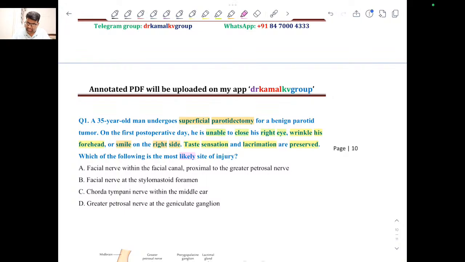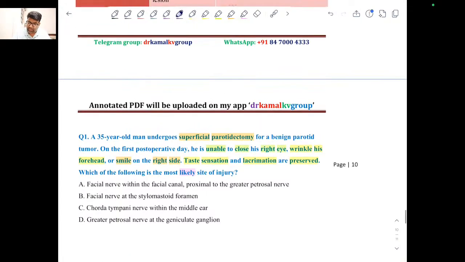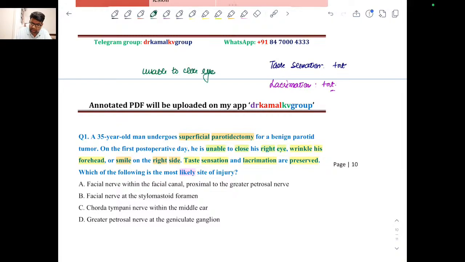So here what is happening? Let us write this. Taste sensation present. Then lacrimation present. But what is gone? Unable to close eye, right?